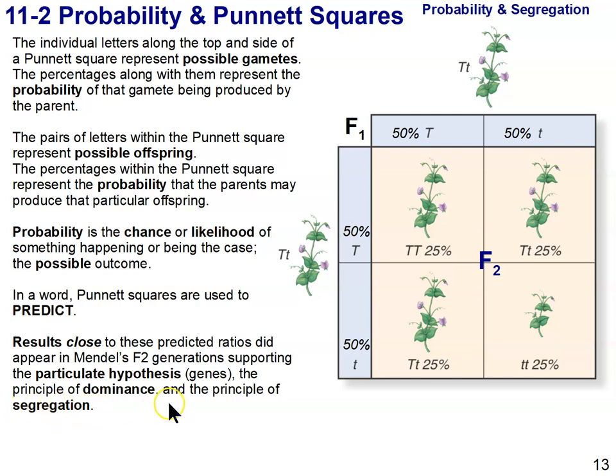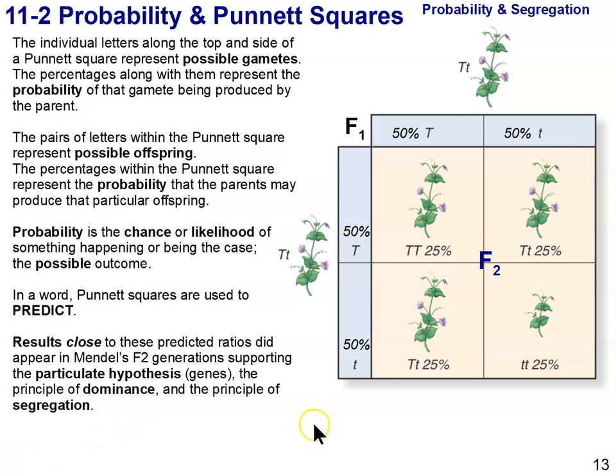In other words, what he imagined was happening in the way offspring were being created from the parents genetically turned out to be right. His results supported his hypotheses. But they didn't have to be right on, they just had to be close enough.